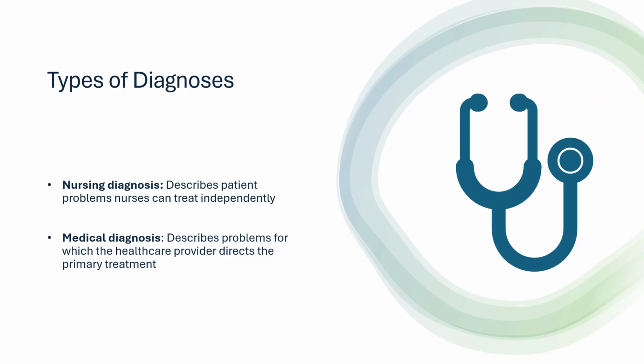Medical diagnosis identifies a disease or condition like myocardial infarction and guides medical treatment, while nursing diagnosis or analysis is a clinical judgment about how a patient responds to health conditions like acute pain, anxiety, or activity intolerance and guides nursing care. Unlike medical diagnosis, which remains stable, nursing diagnosis can change daily as the patient's condition evolves.